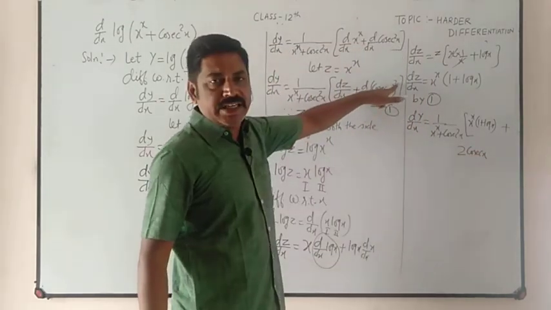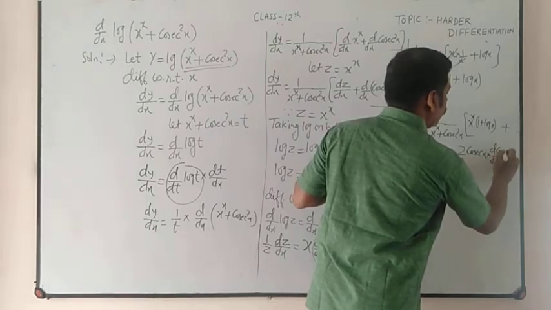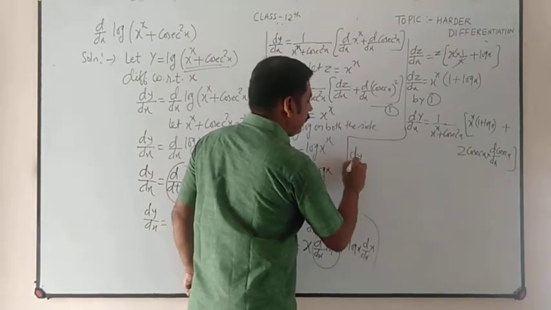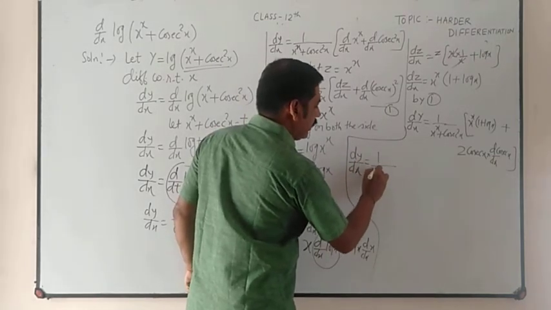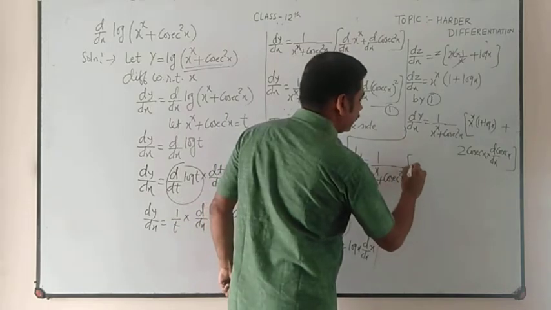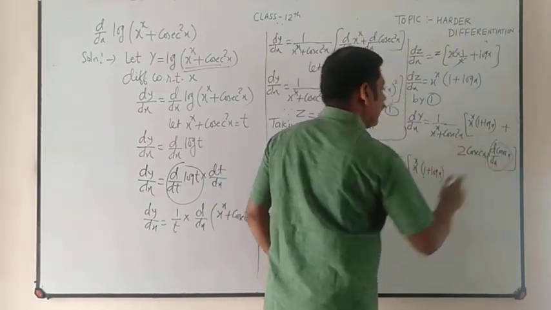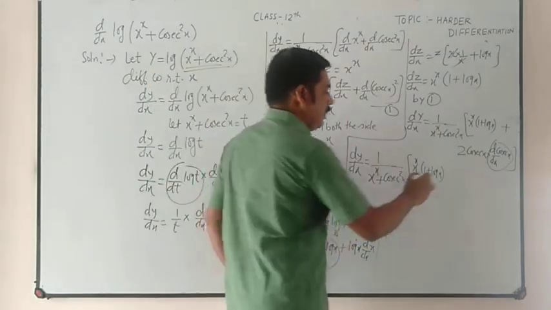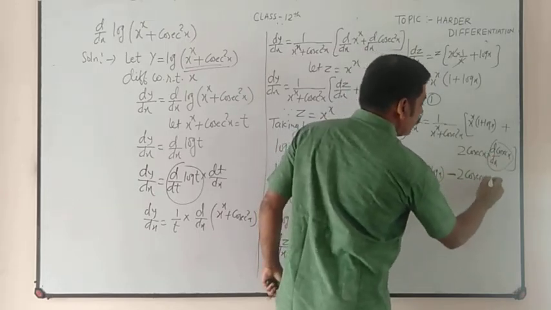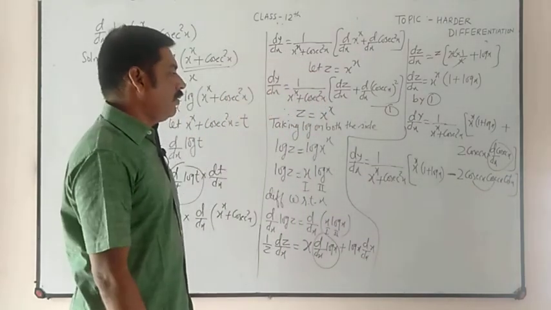First we differentiate the power and after that we differentiate cosec x, so into d by dx cosec x. Clear? Now differentiation of cosec x is minus cosec x cot x. So minus 2 cosec x into cosec x cot x. Now cosec x into cosec x is cosec square x.